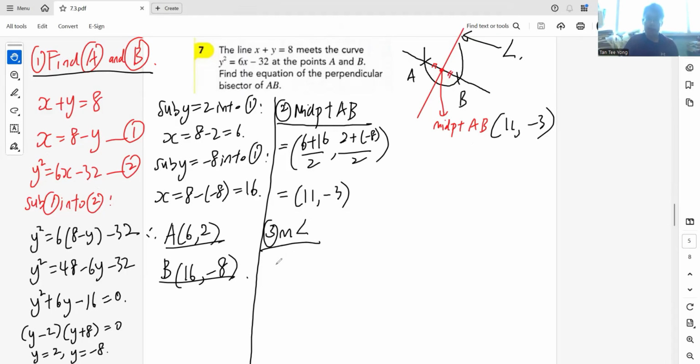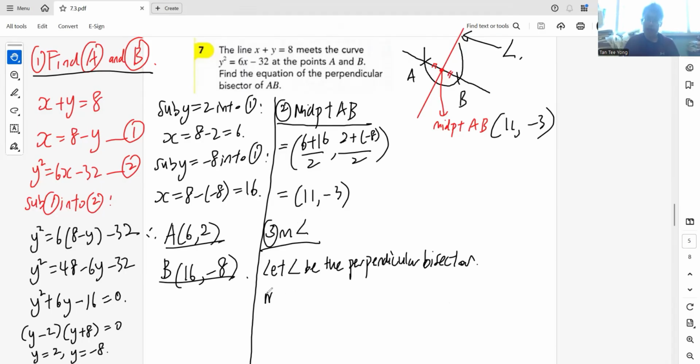Before you do this, you must write: let L be the perpendicular bisector.